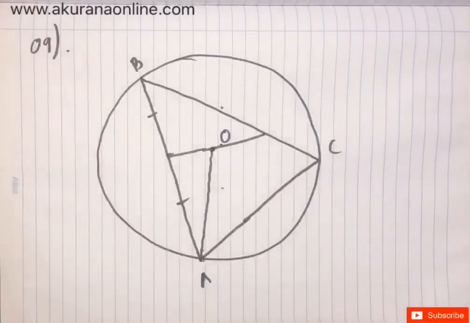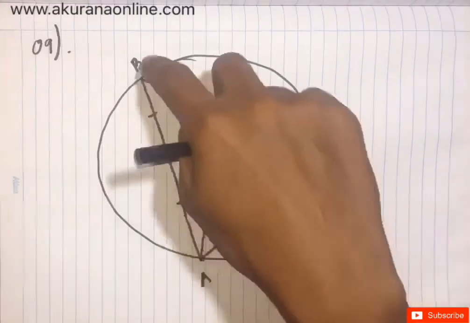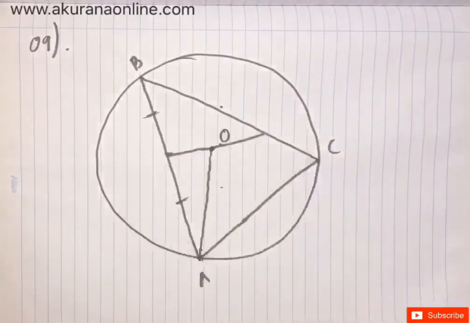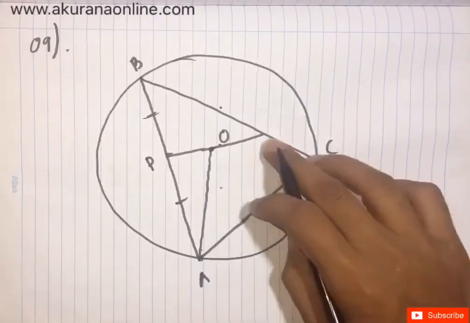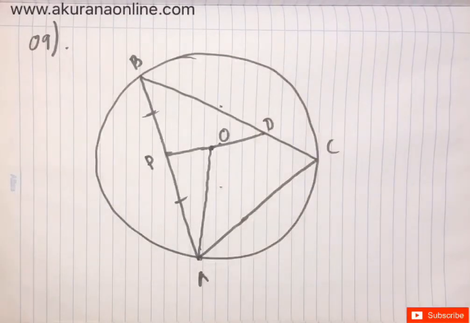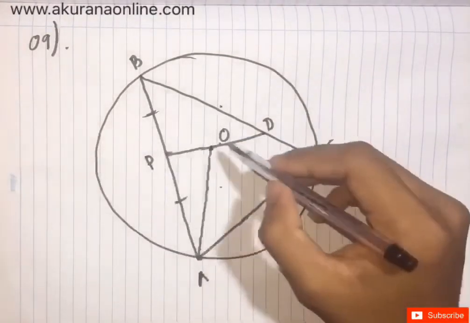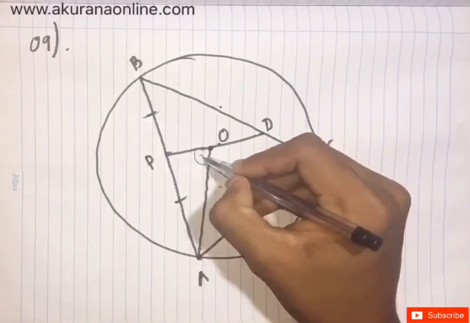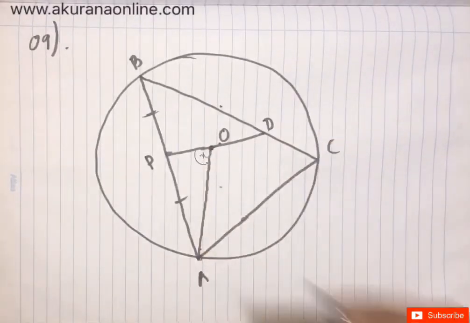Now what should you prove? After drawing, they have given all the information. O is the center, and they have said P is the midpoint of AB. Therefore, this length and this length are both equal. Also, the line drawn from P through O meets BC at D. It is given that angle AOP is equal to X. This is the data given.